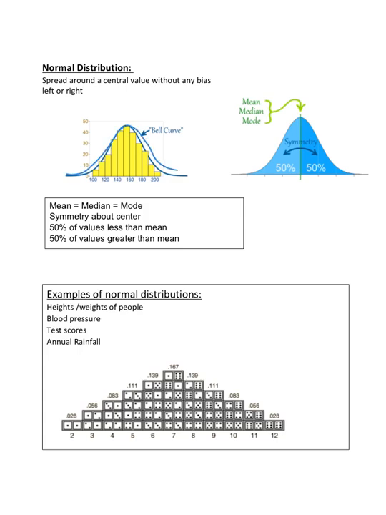When you have symmetry, you have 50% of scores on the left, 50% of scores on the right, and ideally the mean and the median and the mode are all equal to each other. And so when you give a test, ideally you want it to be normally distributed. You want to have very few scores at the very top, like A pluses should be very few, the D's or really low scores should be very few, and you should have most scores in the middle. So we would say that things that follow this pattern are normally distributed.